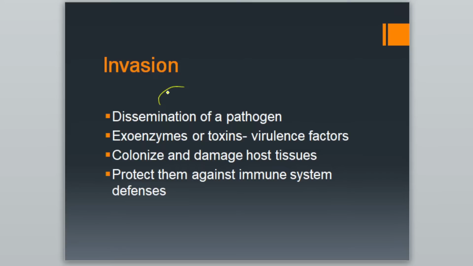Now these pathogens may produce exoenzymes or toxins which serve as virulence factors. Virulence means disease-causing factors that allow them to colonize and damage the host tissues. What is the role of exoenzymes or toxins?